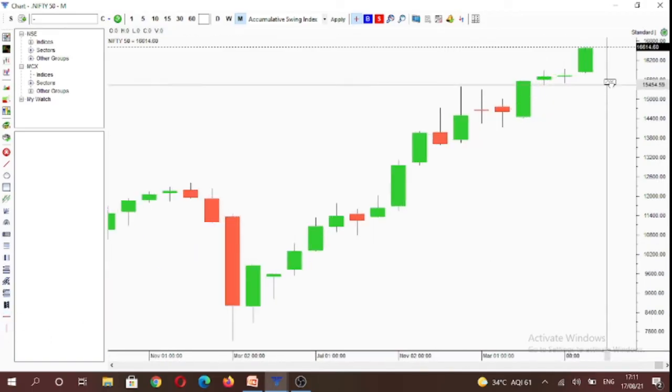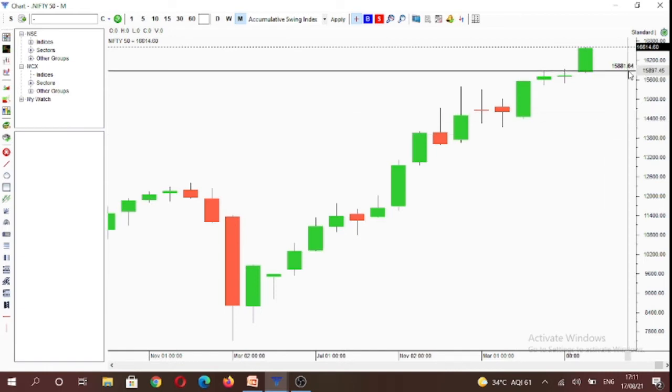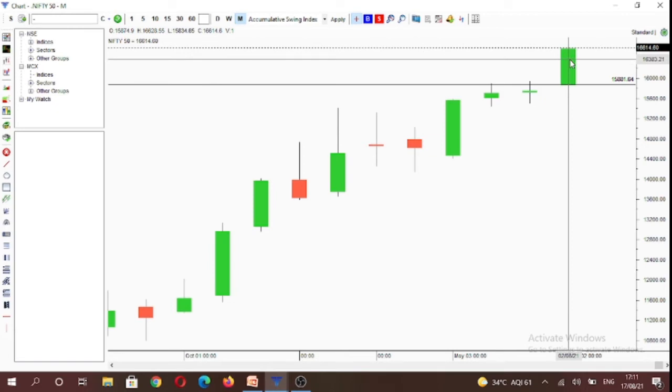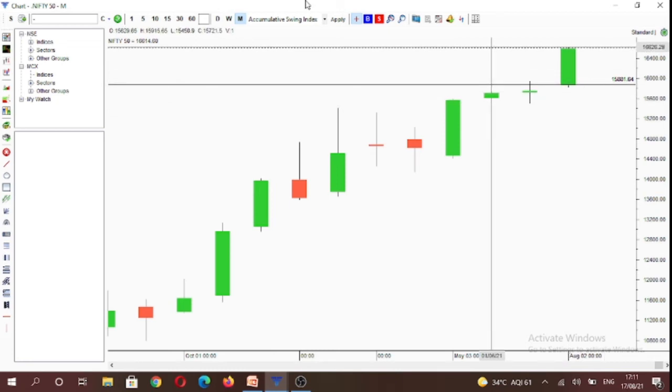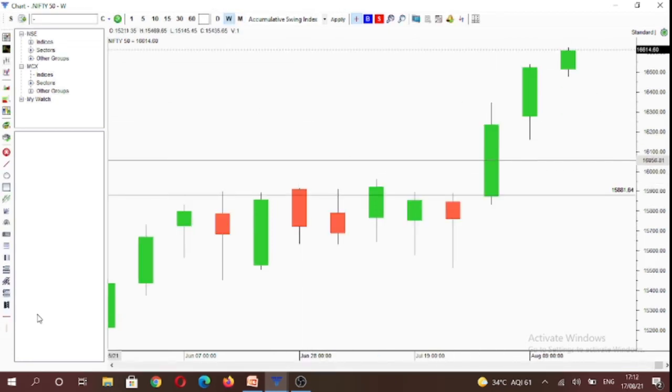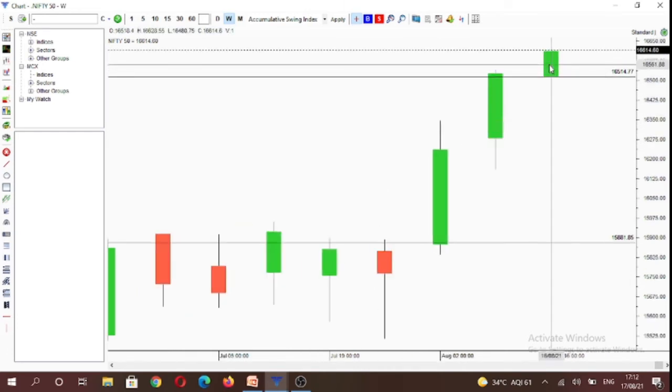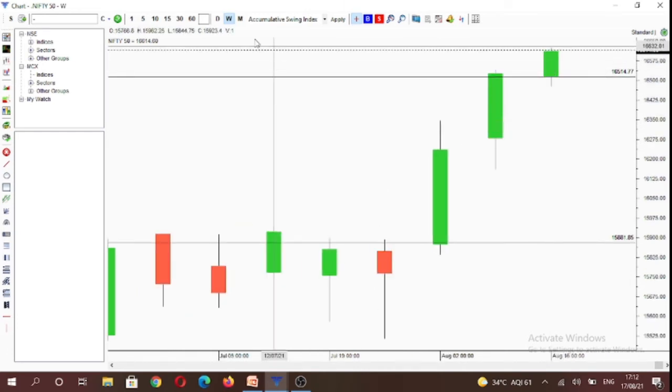If we analyze the index on multiple time frames, here you will see that on the monthly time frame, Nifty is under control of buyers above the monthly open 15,874. And if we see the weekly time frame, again the market is under control of buyers above the weekly opening print of 16,518.